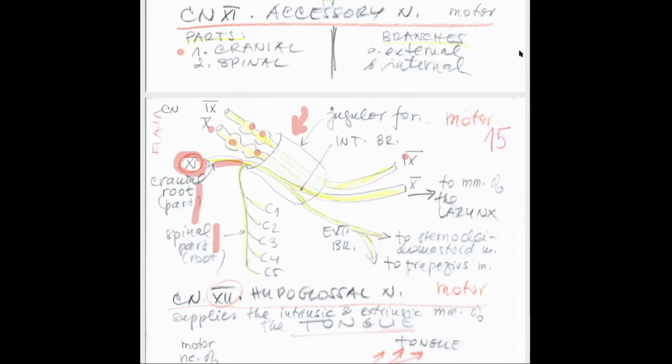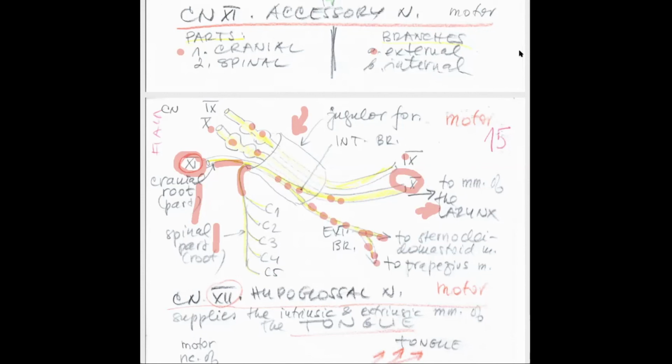From segment C5 to C1, they join together, passing together through the ganglion. Then they divide, and separated branches run. The internal branch runs together with the nerve number 10 to nerves innervating larynx, while the second one, the external branch, as we have mentioned at the beginning, innervates the typical skeletal muscles, trapezius, sternocleidomastoid.